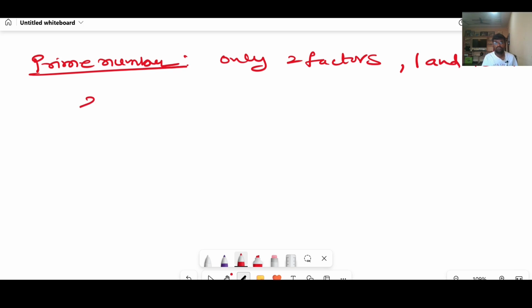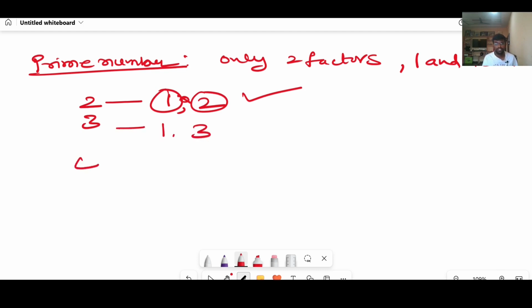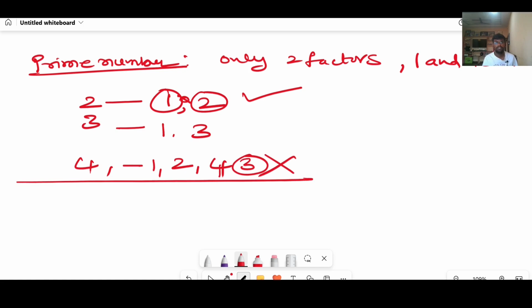Suppose 2: what are the factors for 2? 1 and 2. These are the only factors for 2. Therefore, I can conclude that this is a prime number. For 3, 1 and 3. For 4, 1, 2, 4. Here we have 3 factors. It is a composite number, right?